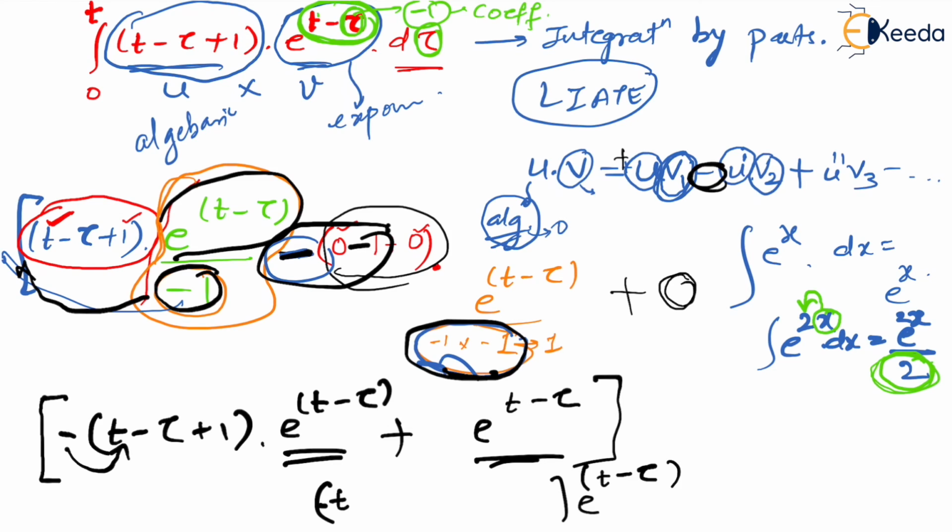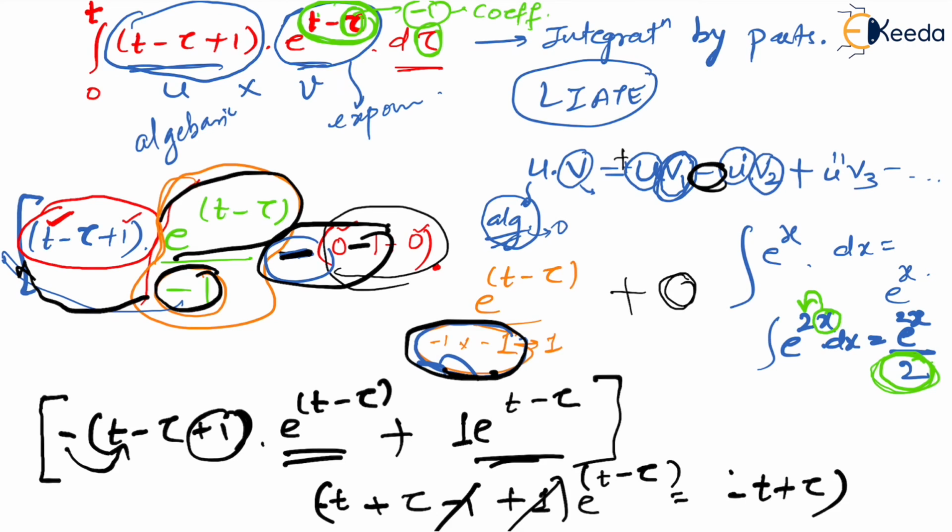Then minus tau will become plus tau, and here I will get plus 1 will become minus 1, and yes, definitely, because here it is 1, I am going to get here plus 1, right? So then minus 1 plus 1 will get cancelled. So at the end what I have is going to be minus t plus tau into e to the power t minus tau.